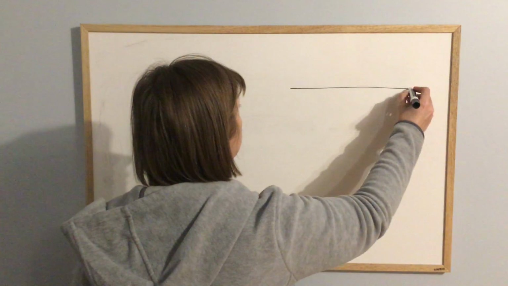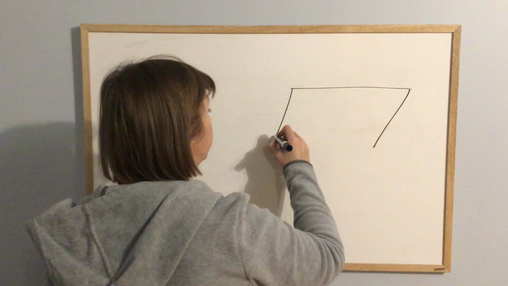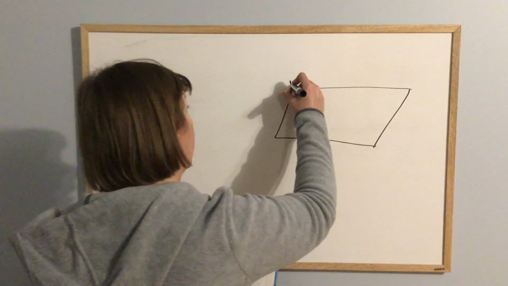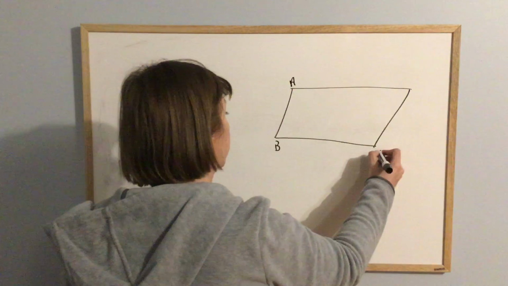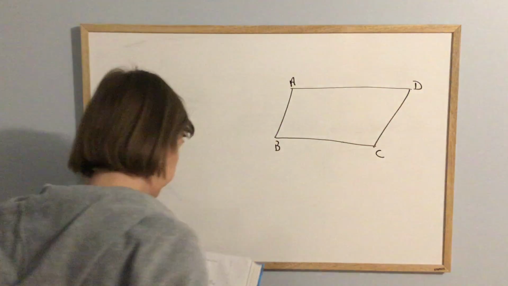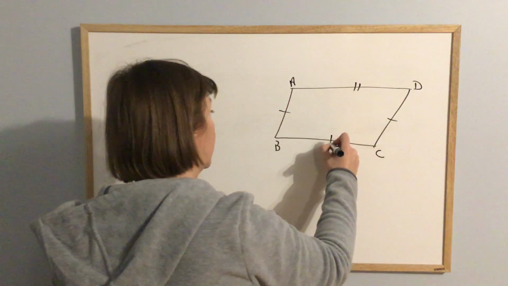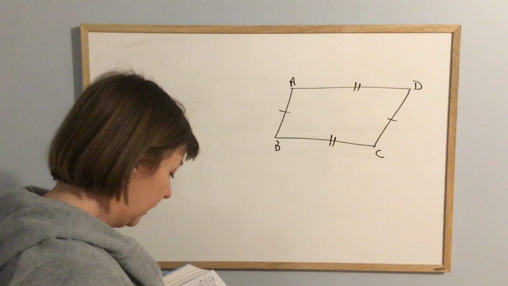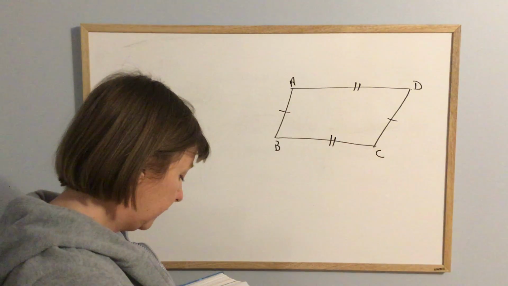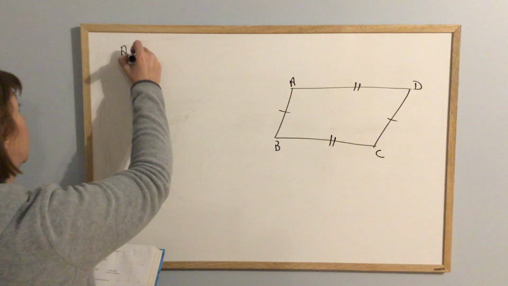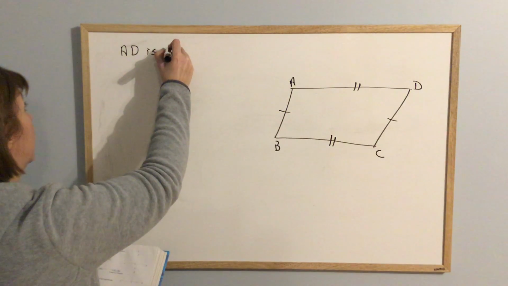Example number 3, they give us a parallelogram. And they give us that this is A, B, C, and D. They tell us this side is the same as this one, and this side is the same as this one. And they want us to prove that AD is parallel to BC.